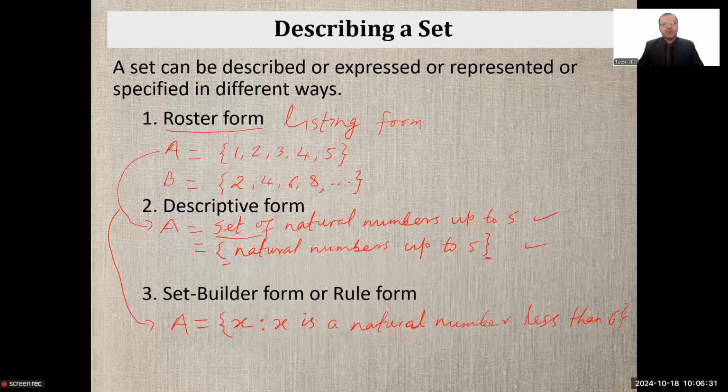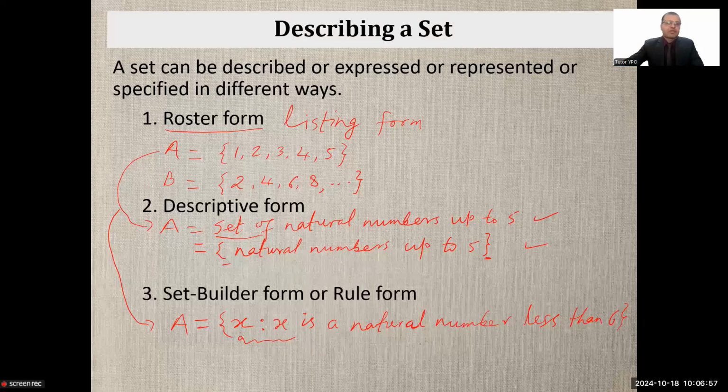So x can be any. And how do we read this? We read this as set of all x, not only one x, set of all x. What are those all x's? All x's are all the elements, such that x is a natural number less than 6. So less than 6, all the natural numbers are there.